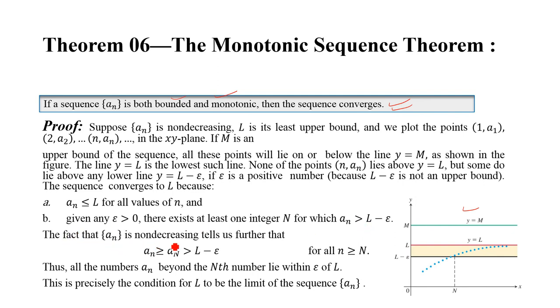The fact that a_n is non-decreasing tells us further that a_n is greater than L minus epsilon for all n beyond N. So thus all the numbers a_n beyond the Nth number lie within epsilon of L. This is precisely the condition for L to be the limit of the sequence a_n. So thus the sequence converges. So initially we assume that the sequence is non-decreasing and it has a least upper bound, and we proved that the sequence converges.